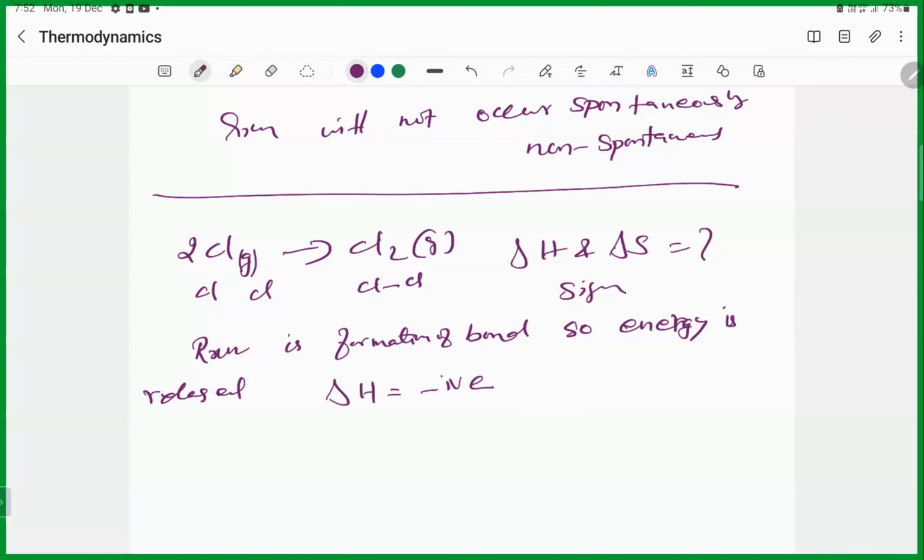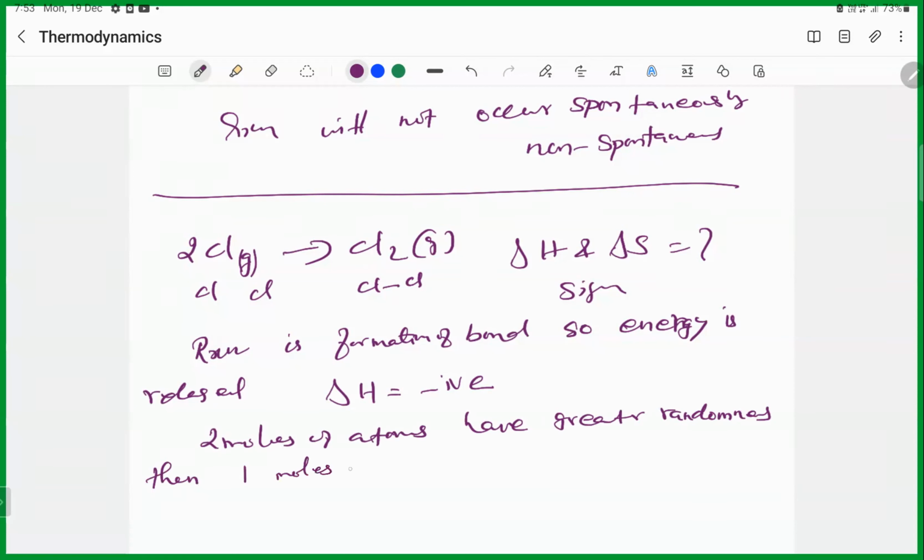So 2 moles of atom have greater randomness than 1 mole of molecules. So delta S is negative.